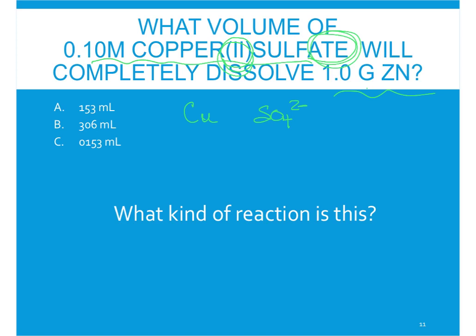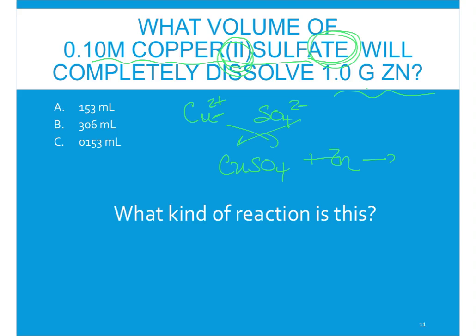Remember, that's how transition metals are named. A Roman numeral tells us the charge of the transition metal. All right, so then if we combine these in a 1-to-1 so that we get a neutral ionic compound, it's simply CuSO4. And so this problem is telling you that it is going to react with zinc.